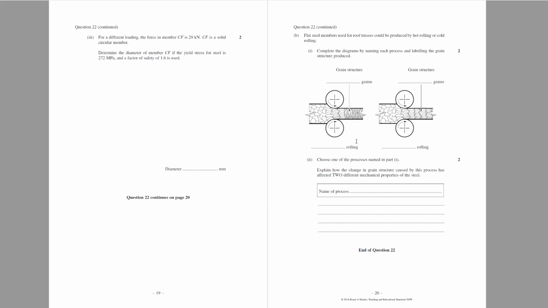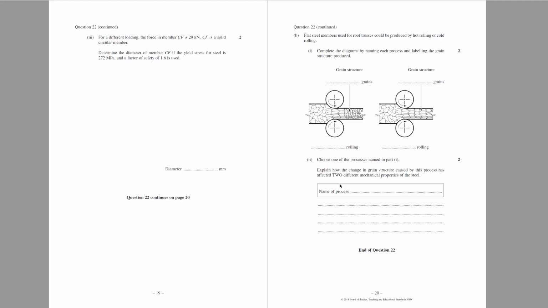And then you have to know that this one is hot rolling and this is cold rolling. I can see that people get this wrong. It's in Copeland's textbook. I include it in my notes as well. The reason we know this is because work hardening, cold working, produces elongated grains. So that's what we've got here.